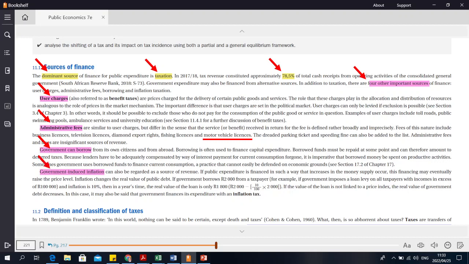One not so generally known source of government revenue is inflation. So they can use inflation to fund some of their expenses. For example, if they borrow money. I borrowed money many years ago to buy a house. And in the meantime, the value of the house goes up. Let's say I started at 500,000.